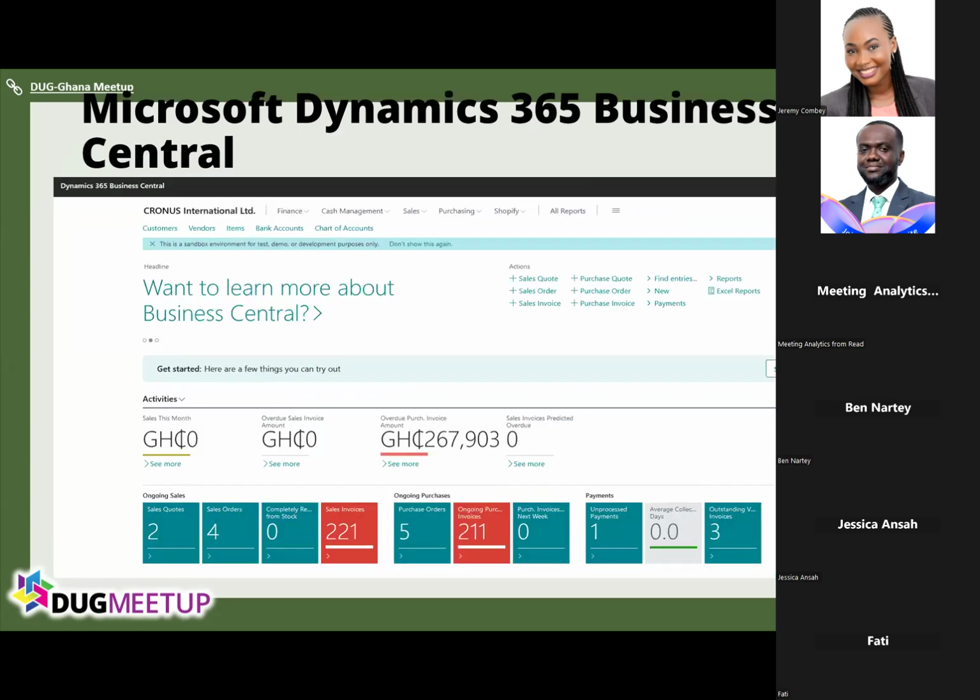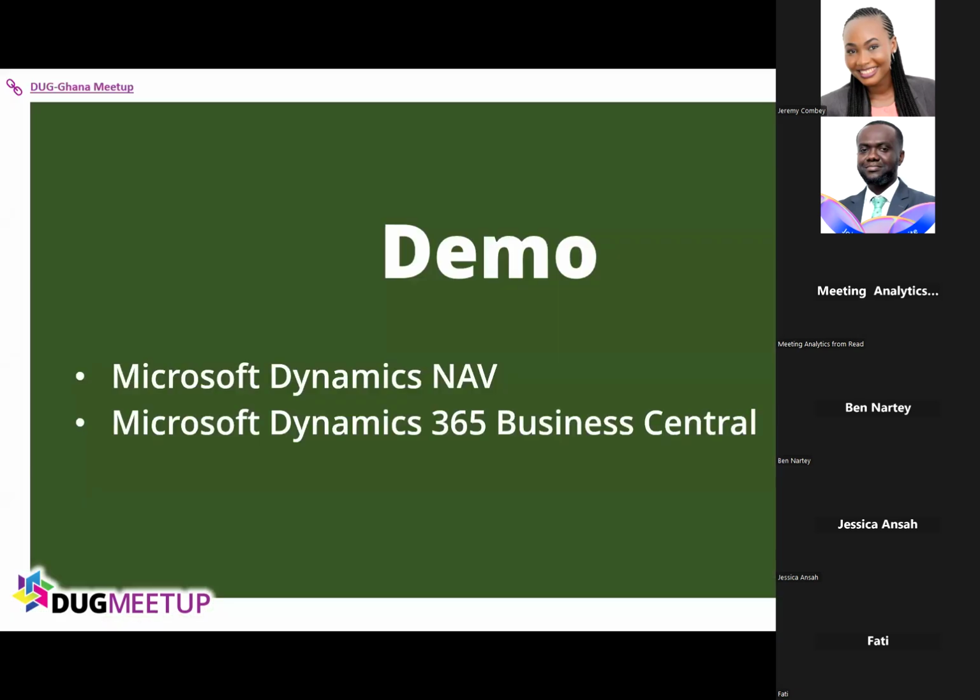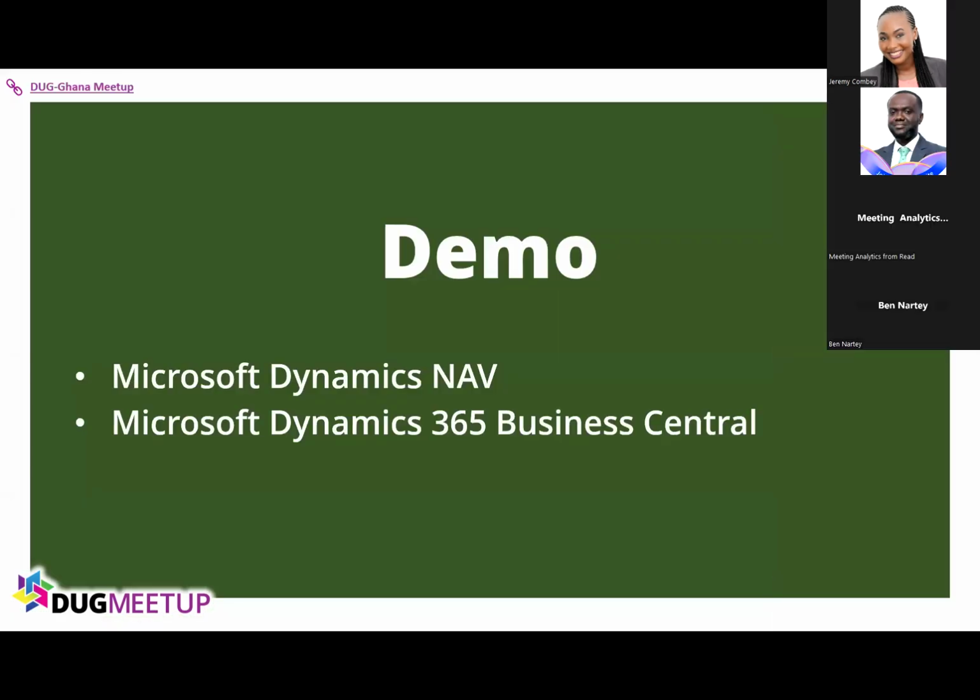Then this is the almighty Business Central, where we've gotten to. This is how the role center looks. So now I'm going to do a little demo of Microsoft Dynamics Nav 2018, and then also Microsoft Dynamics 365 Business Central. So I'll have to stop sharing and reshare in just a few minutes.